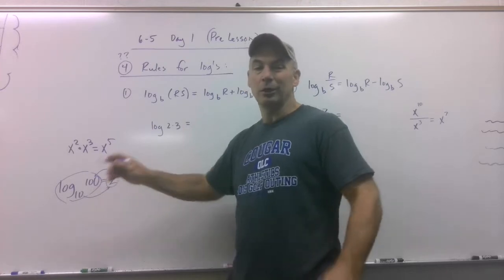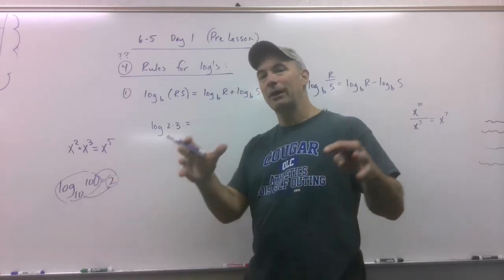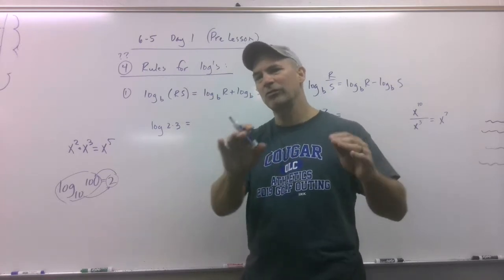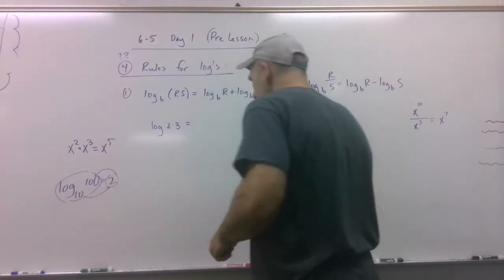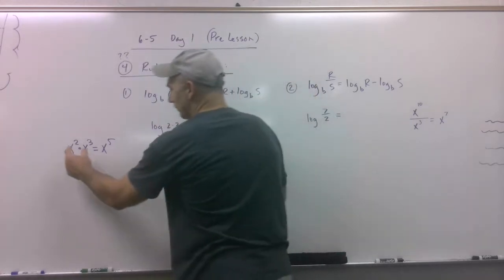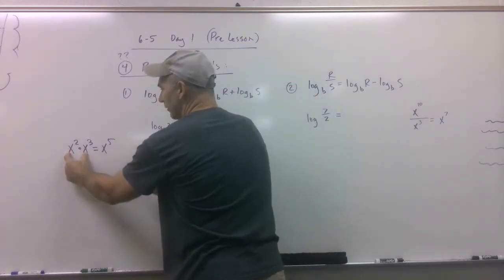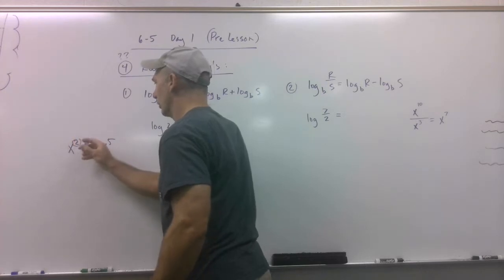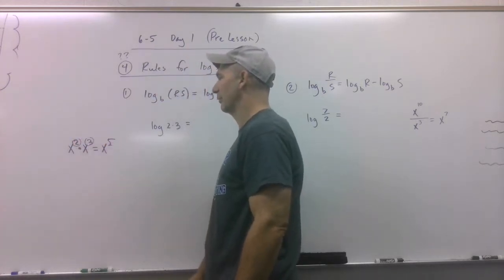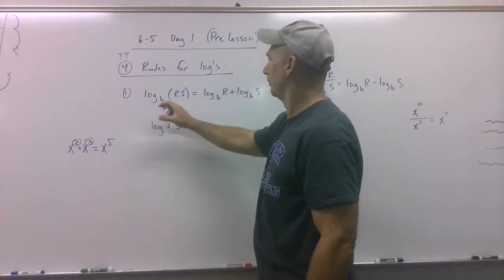So logs are going to kind of piggyback our rules from exponents that we've learned before, just a little different variation. So with that being said, in a weird way, multiplication somehow, kind of, sort of, equals addition, because I add those exponents. Now let's take a look at this rule.